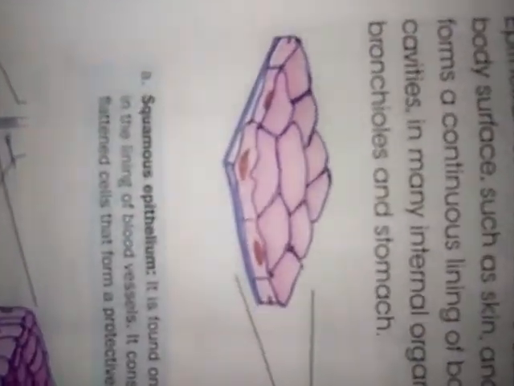The single layer of epithelial tissue is called simple epithelium, and the multi-layer of epithelial tissue is called stratified epithelium. Understand students? Epithelial tissue may be single layer or multi-layer.